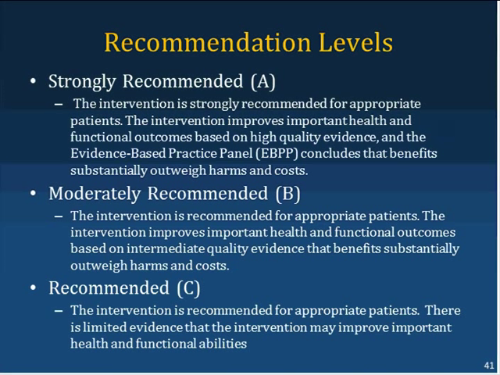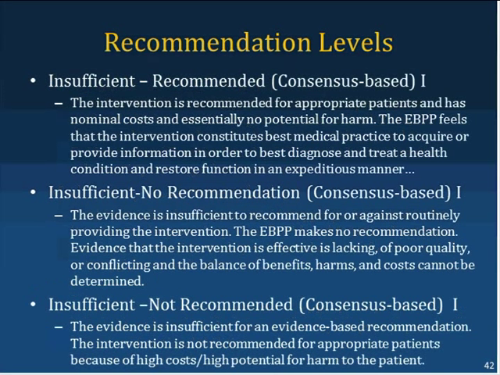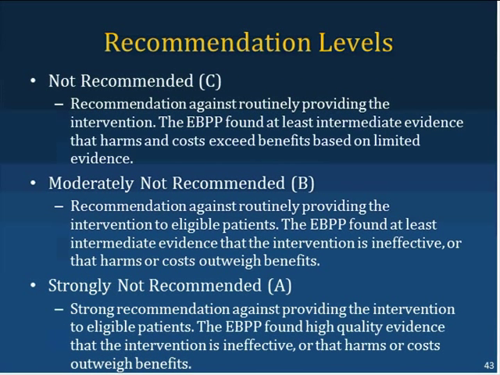C, it's not really good evidence, and it's not clear exactly what's going to happen. There are insufficient evidence situations where there is panel consensus, and these are we don't have enough to say about it, or there's not clear evidence, but a clear consensus that it's a bad idea. And then not recommended moves in the other direction, from limited evidence that it's a bad idea to strong evidence it's a bad idea.